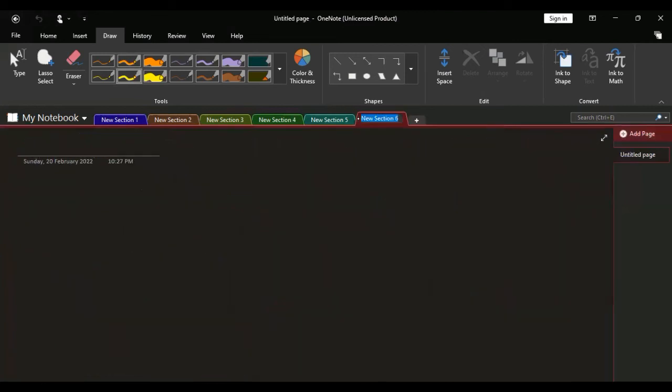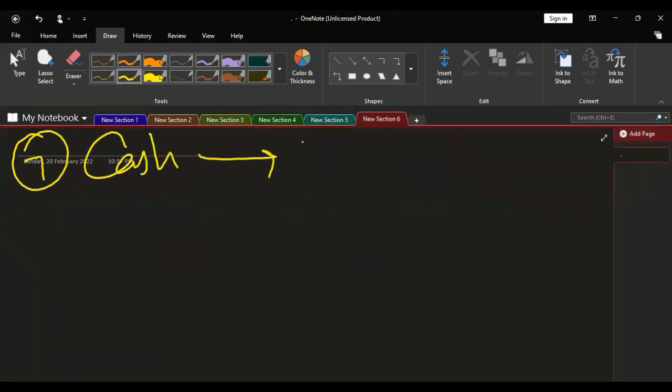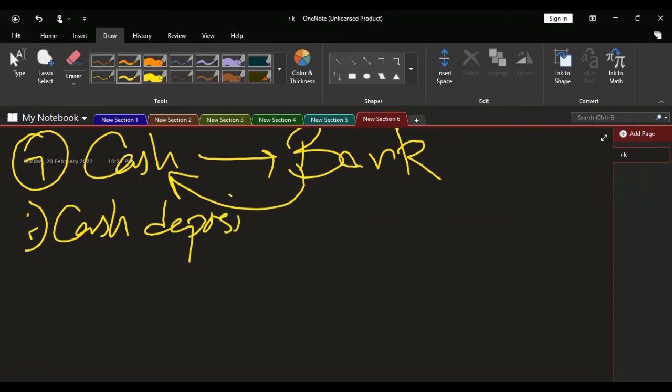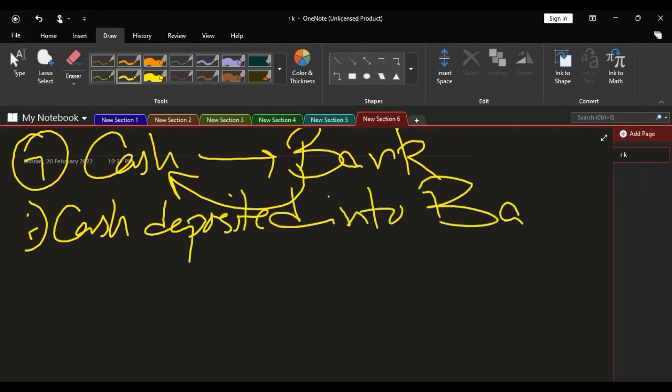The next category of transactions are cash to bank transactions or bank to cash transactions. Cash deposited into bank.